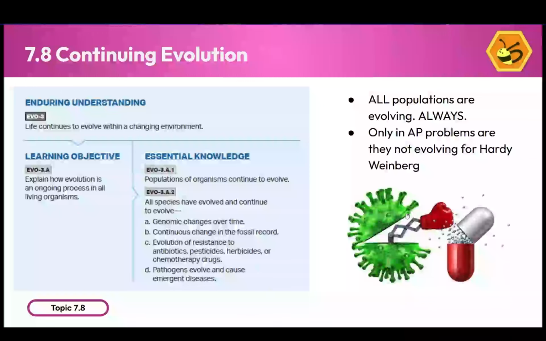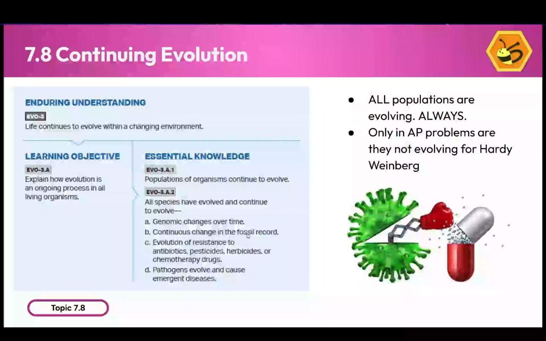Populations have evolved and continue to evolve, and some ways they do this are through genomic changes over time, which involves genetic mutations, gene flow and genetic drift, which I've talked about before. I don't have a major slide for this because I've already covered it.